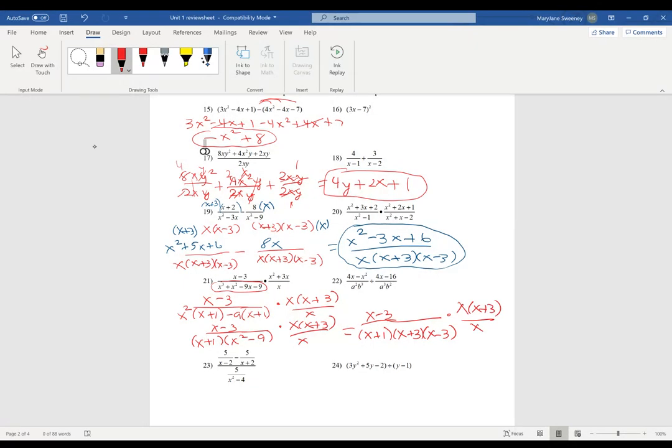Okay, so x plus 3's cancel here, top and bottom. x minus 3's cancel here, top and bottom. The x over x cancels on top and bottom. So I just have 1 over x plus 1.